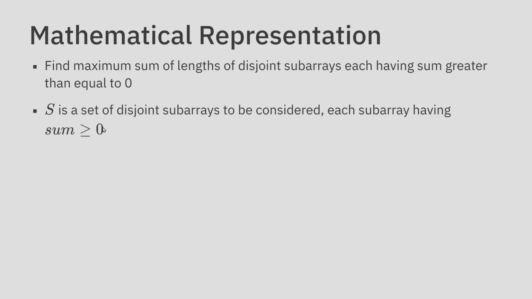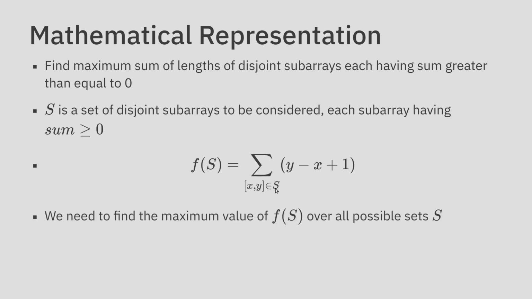As they mentioned in the statement, S is a set of disjoint subarrays to be considered, each subarray having sum greater than equals to 0. And as they have mentioned this function, f of S is the sum over lengths of all the ranges that are present in S, and we need to find the maximum value of f of S over all possible sets S. So this is the mathematical representation of the given problem.